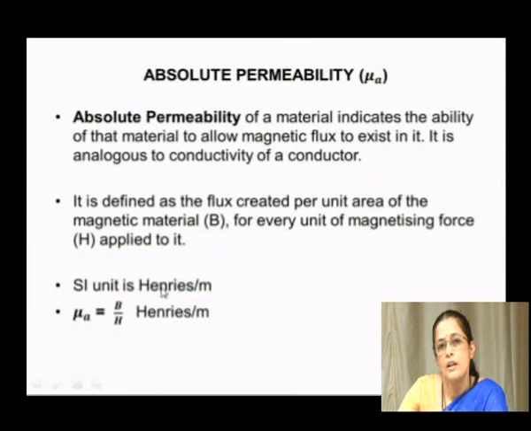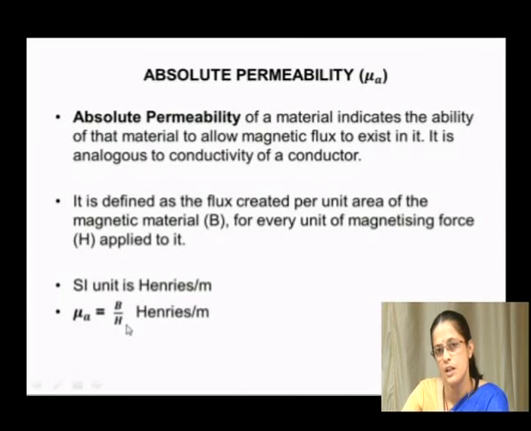The SI unit for absolute permeability is Henrys per meter, and it is given by the equation mu A is equal to B by H. So, whatever is the definition here has been translated into an equation.